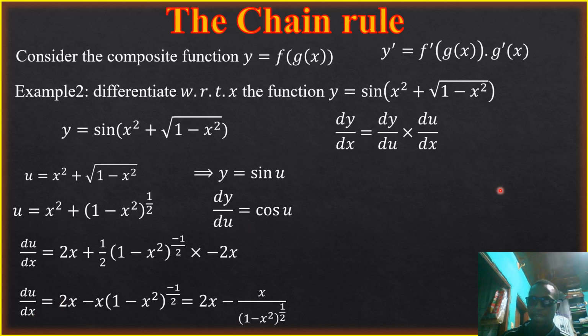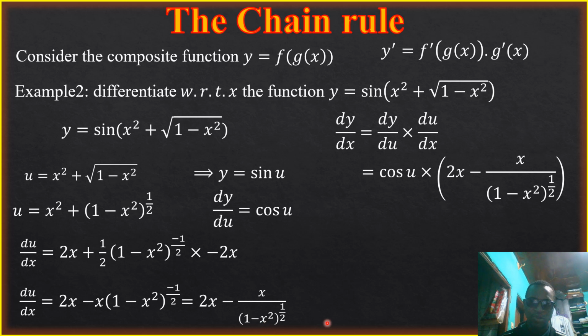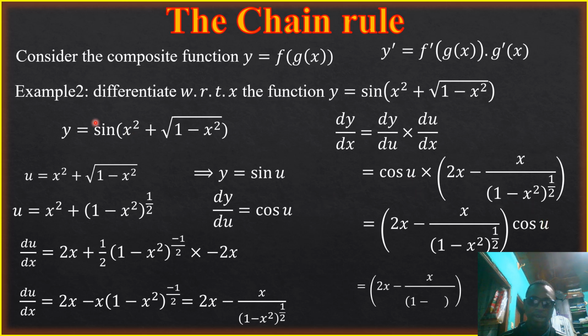Finally, we just have to apply the formula dy/dx equals dy/du times du/dx. dy/du is equal to what? dy/du is equal to cos of u multiplied by all of this part, du/dx. Finally, we just need to rearrange, send the cos to the back, and then replace our u by its expression.